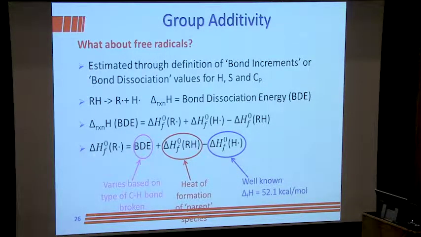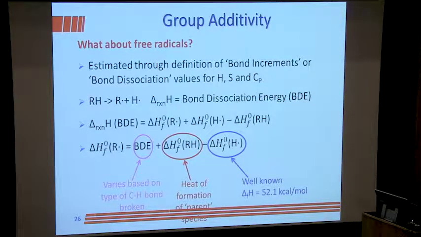So to get the heat of formation of the radical, we have to first produce the heat of formation of the molecule. And then we can take this BDE into account, and knowing the heat of formation of a hydrogen atom, we can get the heat of formation of the radical species from THERM. And that's what we do.